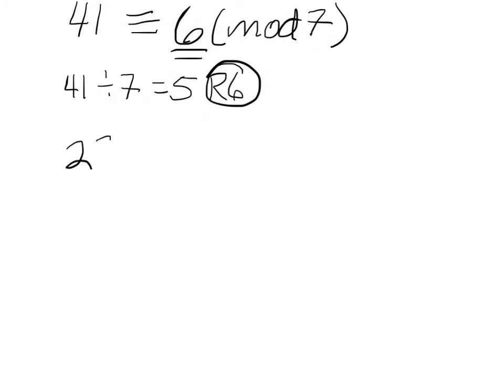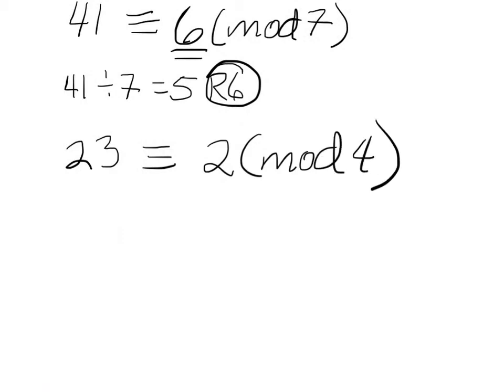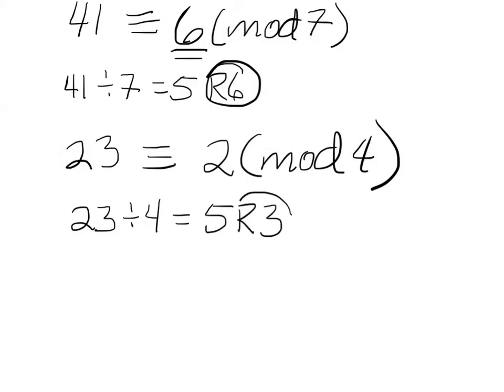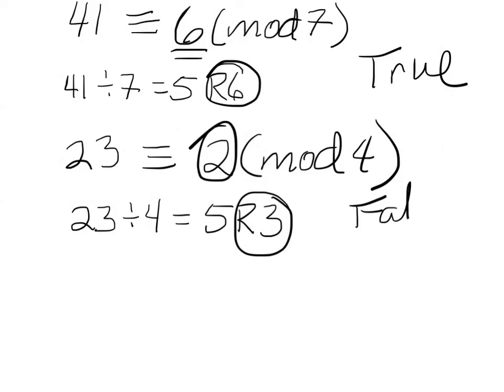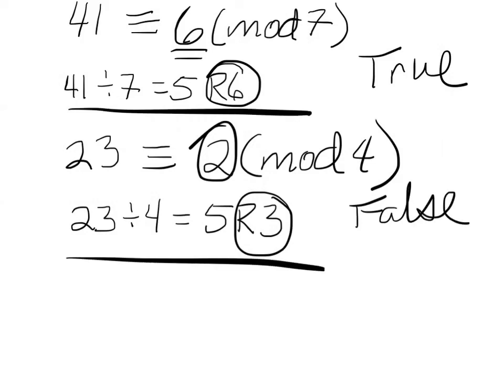How about 23? Is it congruent to 2 mod 4? If I take 23 and divide it by 4, I end up with a quotient of 5 and a remainder of 3. So is my remainder equal to 2, which is what it's supposed to be? The answer is it's not. So while this one was true, this one was false.